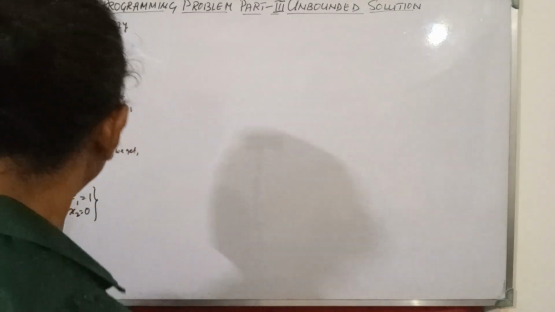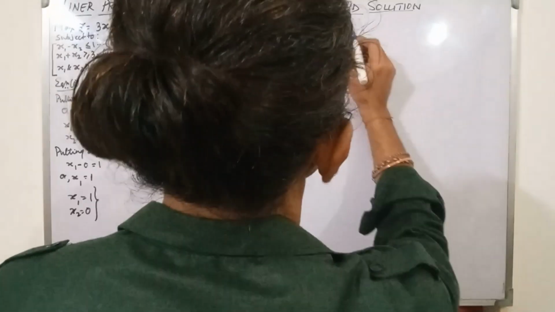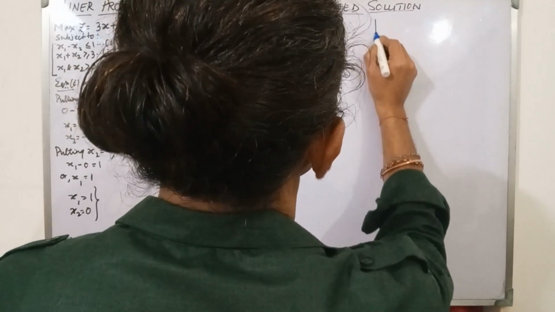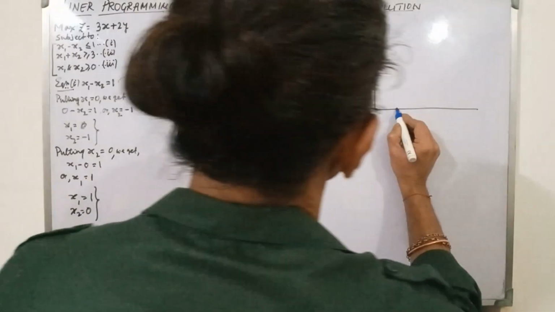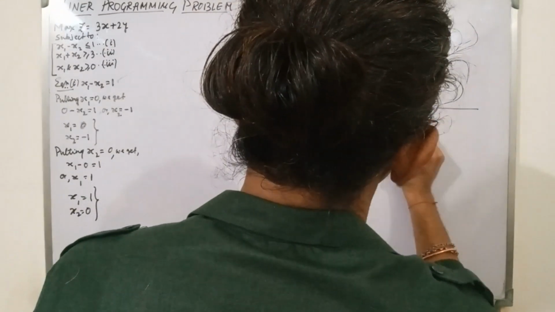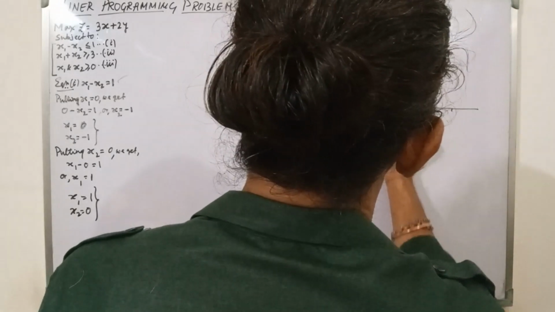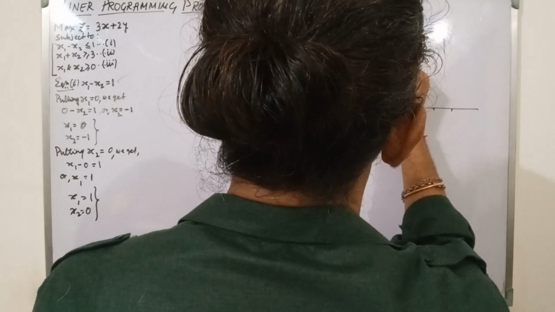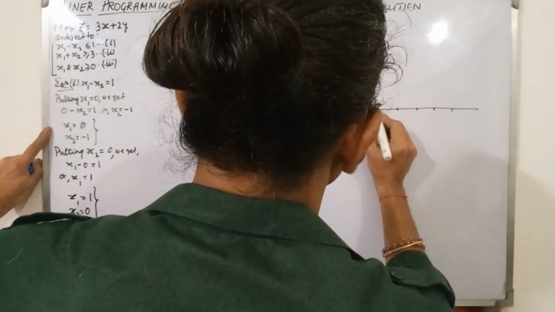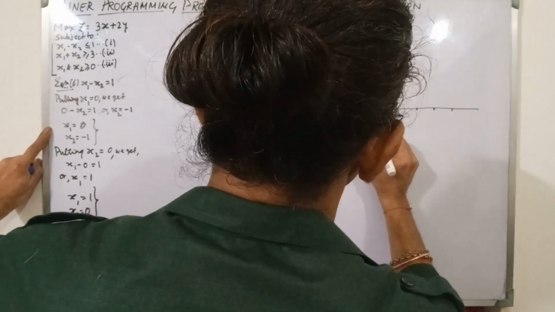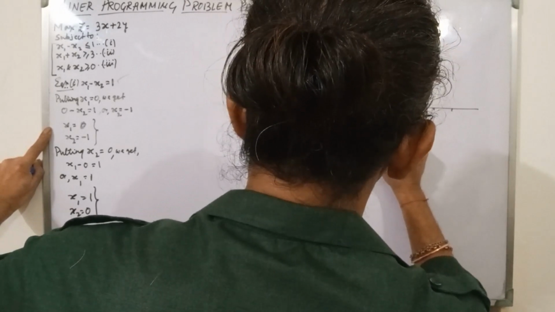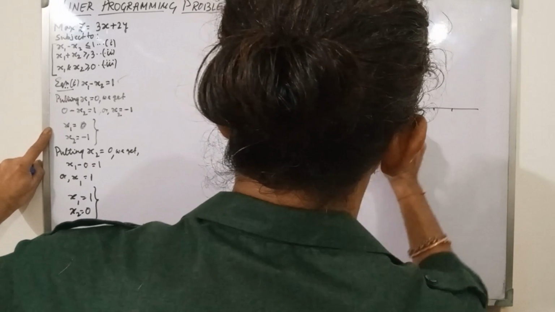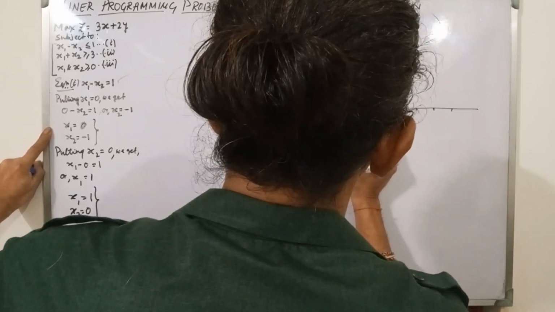Now we can draw the straight line joining these 2 points, these 2 coordinates. This is 0, 1, 2, 3, 1, 2, 3, 4, 5, and minus 1, minus 2, and so on. So one coordinate is 0, minus 1.